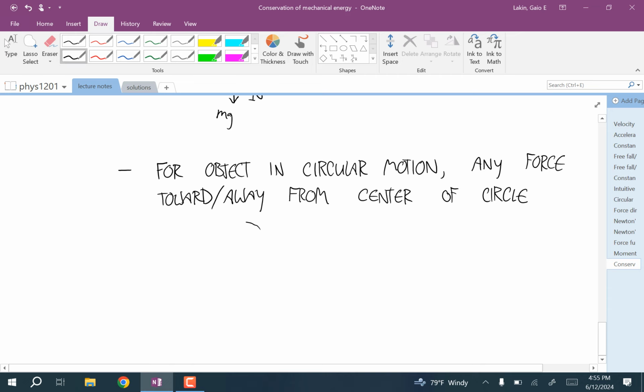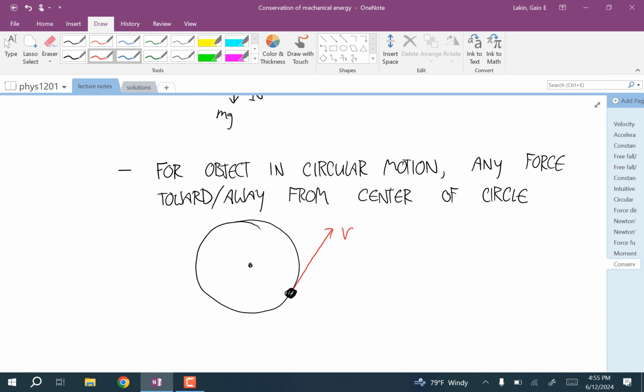Okay, so let's say that we have an object moving around a circular path like this. Let's say that the object is here on this circular path. We know that the velocity vector of that object is this. Let's say that there's a cable connecting this object to the center of the circle.